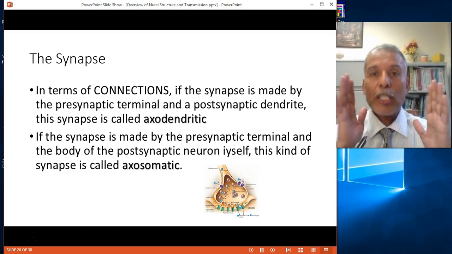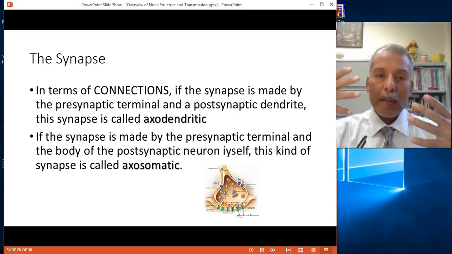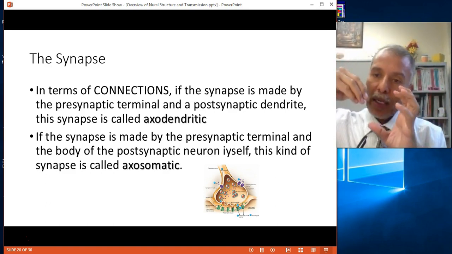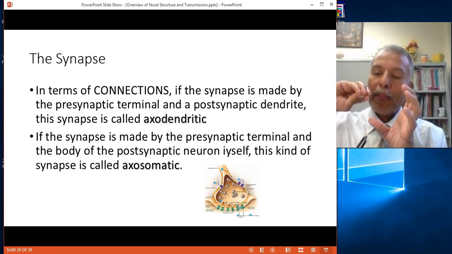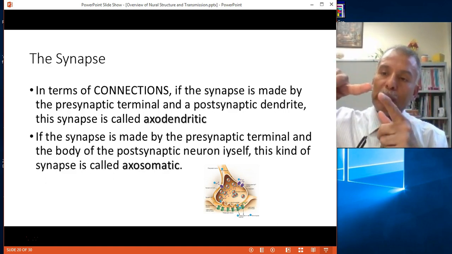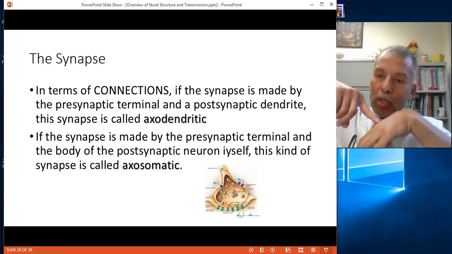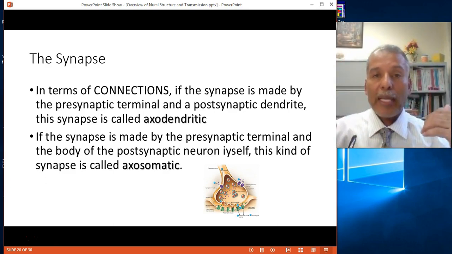So again, in terms of the connections that the synaptic terminals make with the other cell, with the postsynaptic neuron, whether they connect or synapse with a dendrite or synapse directly onto the body, there are two kinds, as I explained before.